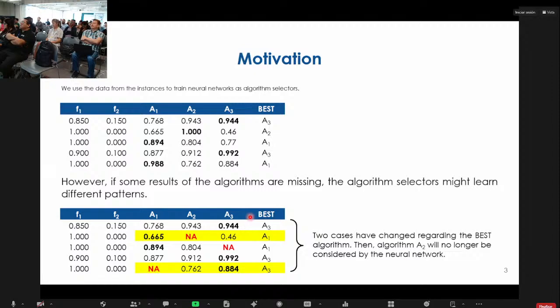In this example, the algorithm A2 will no longer be considered by the neural network as the best selection. In this case, it will be A1. Before, we observed that it was A2 with the result of 1.